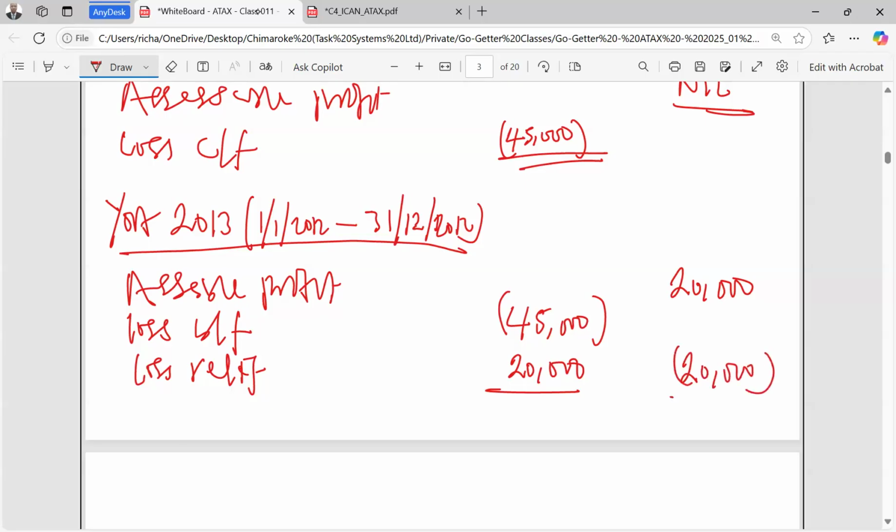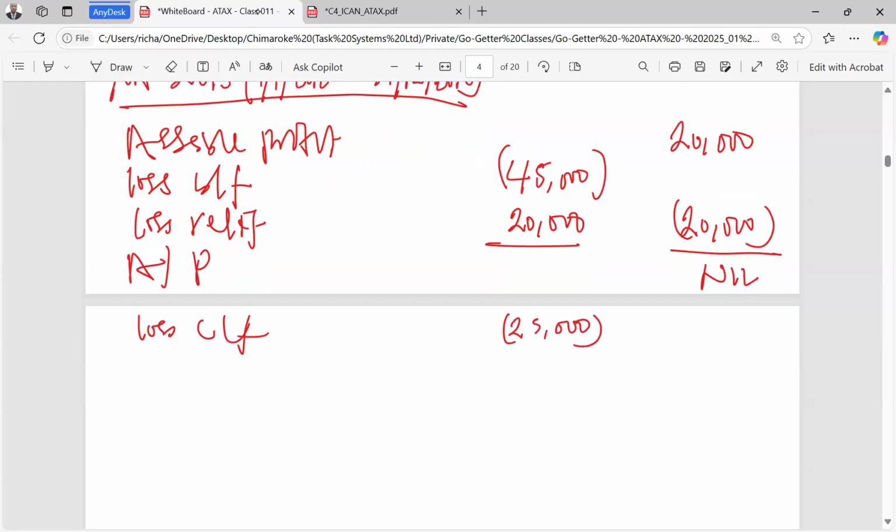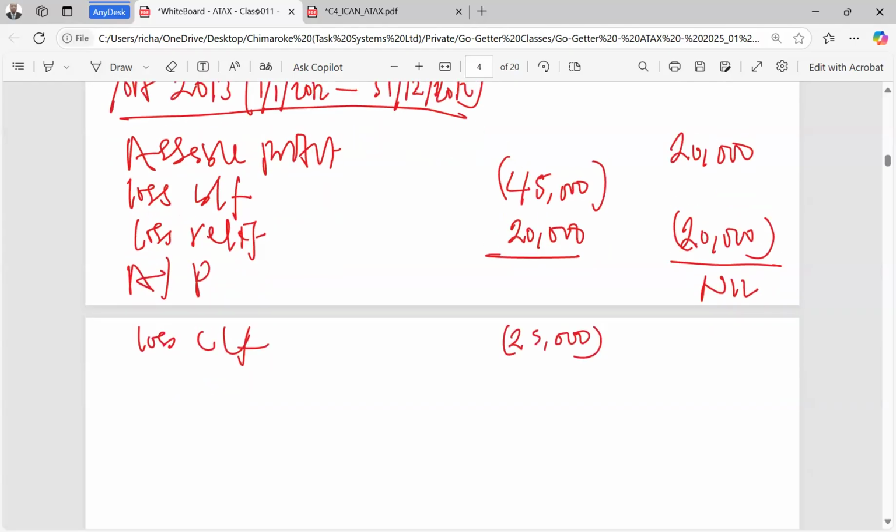So this will become nil. Your assessable profit will be nil. Your loss carry forward will be 25,000. Okay, so your losses are being carried forward indefinitely until you get a profit.